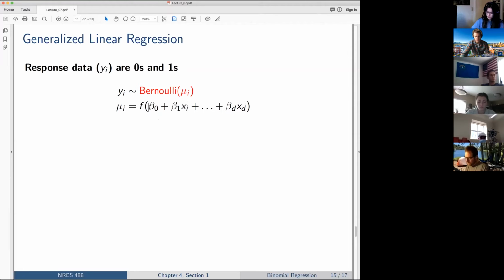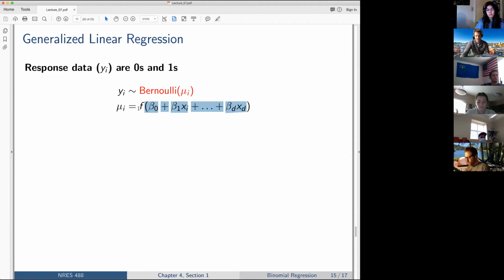Remember what this equation was in simple linear regression. This was the equation of a line. And there was nothing that restricted that line between 0 and 1. It could be negative, it could be positive, it could be anywhere between negative infinity and infinity. And in fact, all straight lines are between negative infinity and infinity. So we're going to have to do something to that line to make it bend between 0 and 1.